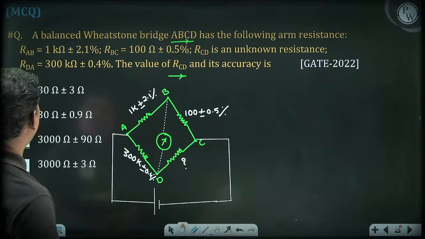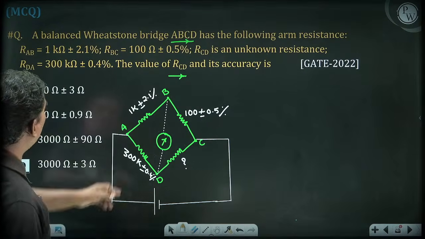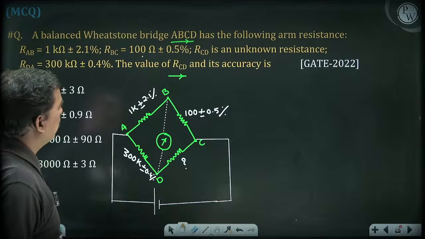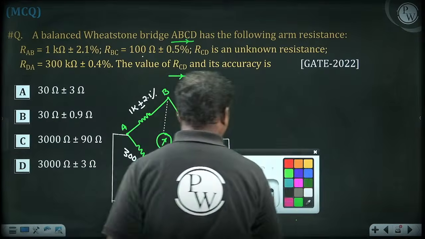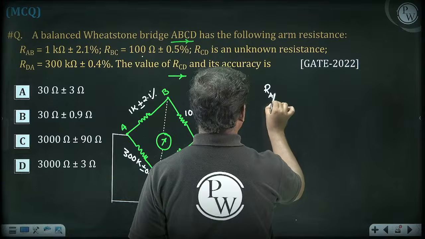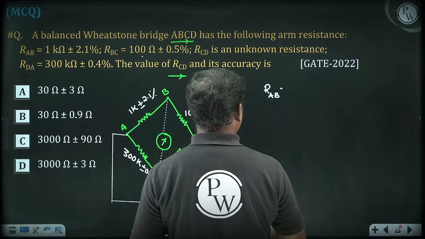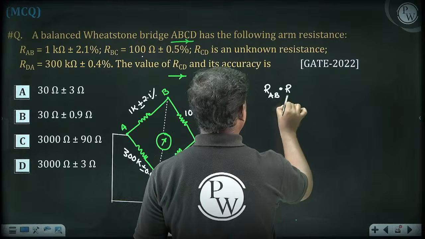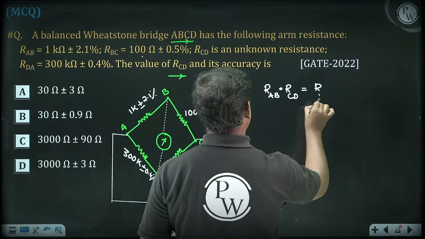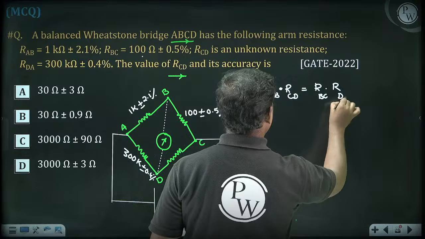The value of RCD is asked. Is it correct? RBC is 100 ohms, correct? Let us see now. As per the scenario, RAB into RCD must be equal to RBC into RDA.